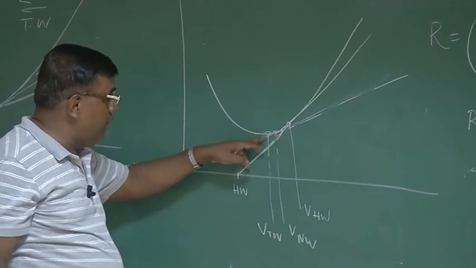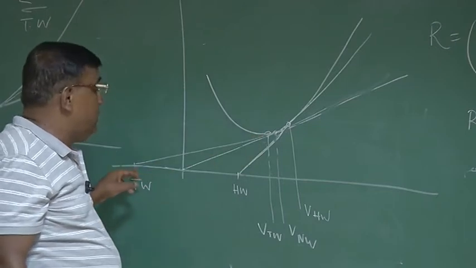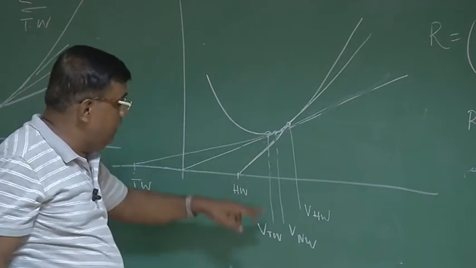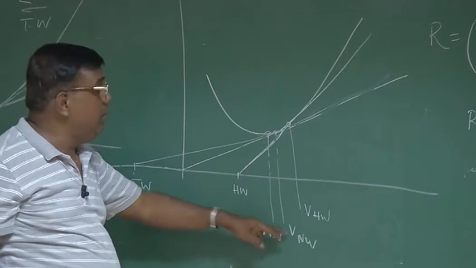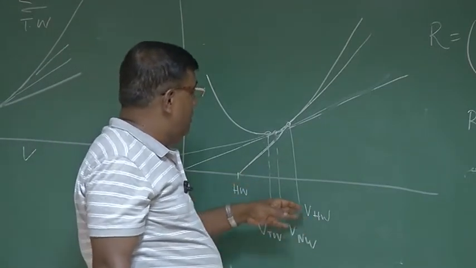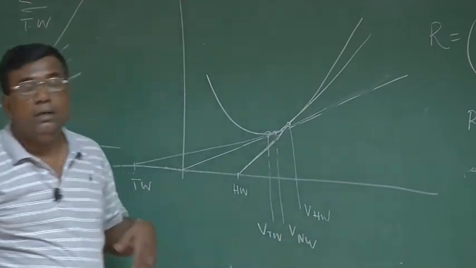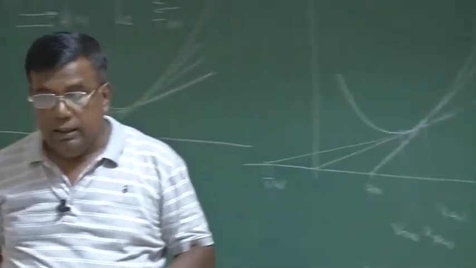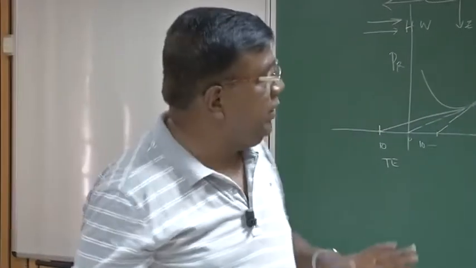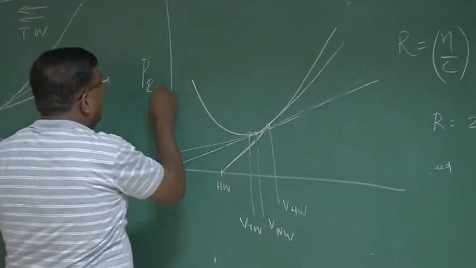That is, the speed for CL by CD max with a tailwind will be less than V NW. And with the headwind, this V for CL by CD max with headwind will be more than V no wind case.